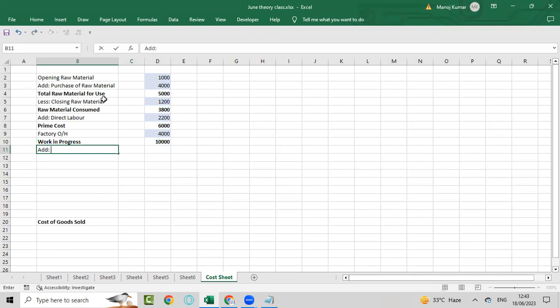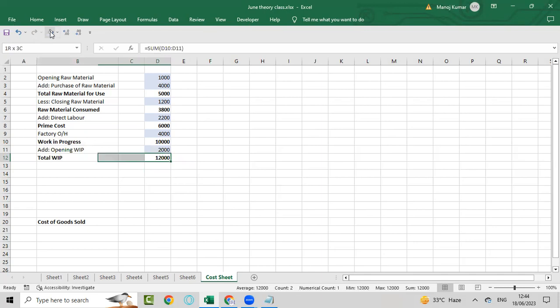Now what you will do? Add opening work in progress. So that is, let's suppose 2000. So how much is total now? 12,000. Total work in progress. Now this was the work in progress earlier. This much work in progress current year. So this is our total. Out of this 12,000 of work in progress, in this year also we will have left some work in progress.